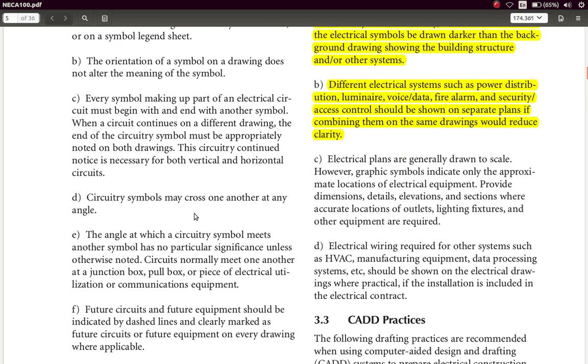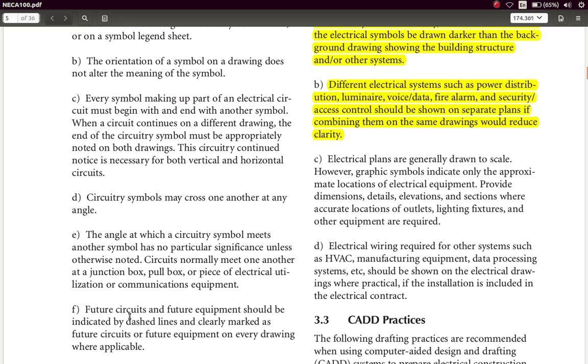Circuitry symbols may cross one another at any angle. The angle at which a circuitry symbol meets another symbol has no particular significance unless otherwise noted. Circuits normally meet one another at a junction box, pull box, or piece of electrical utilization or communication equipment.